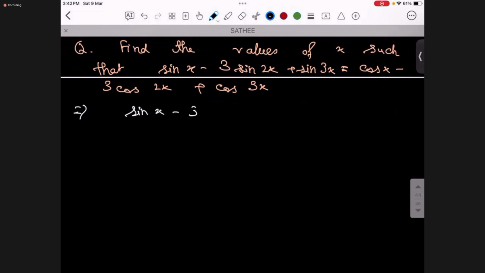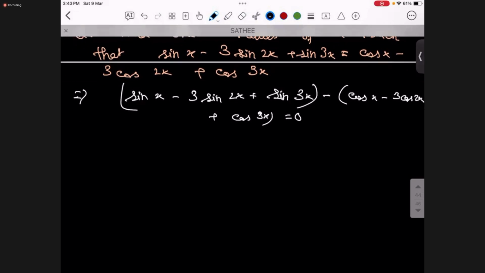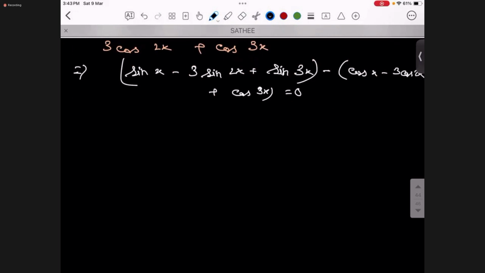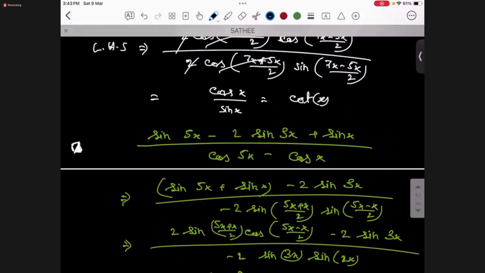Sin x minus 3 sin 2x plus sin 3x, minus cos x minus 3 cos 2x plus cos 3x, is equal to 0. Okay. Now, as we have discussed, we take this one and this one, not this one.